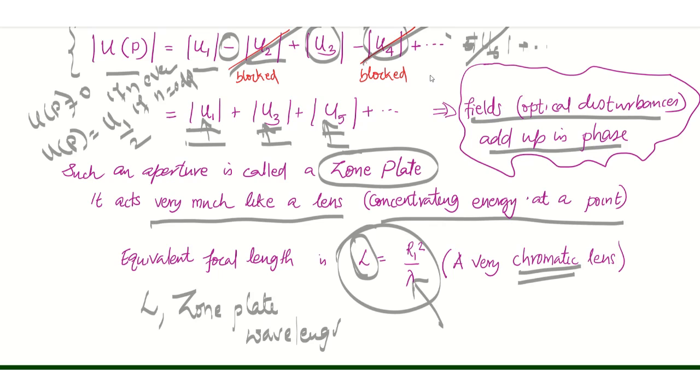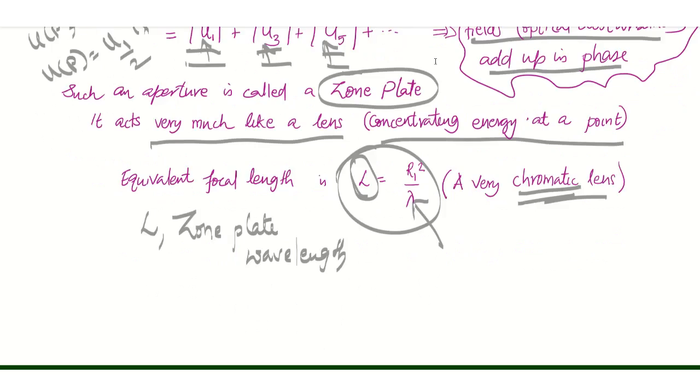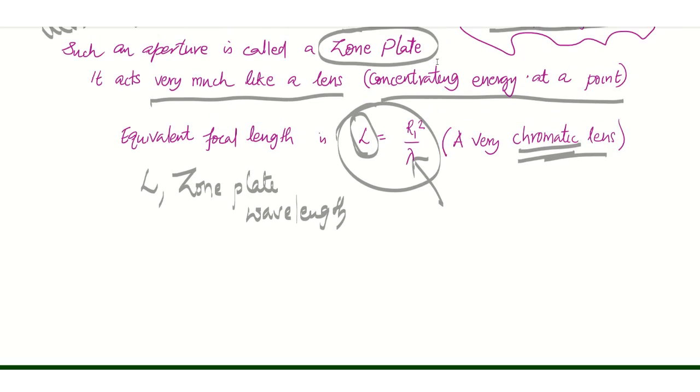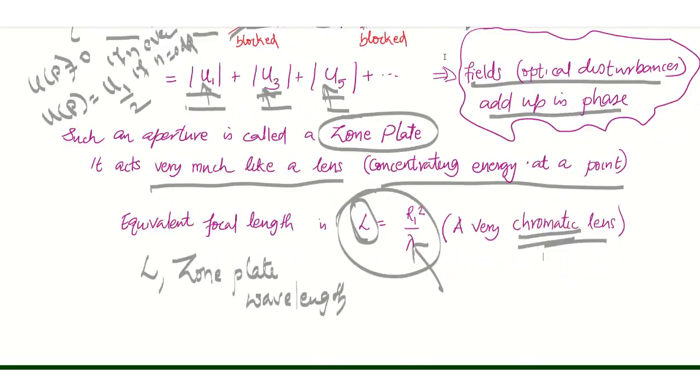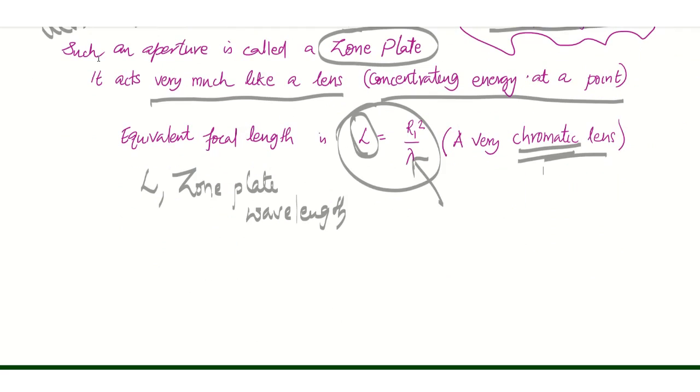Zone plates or Fresnel lenses are wavelength sensitive. That's why it is called a very chromatic lens. But still it finds a large number of uses in many fields of optics, especially in the UV and X-ray. Okay, that's about the introduction to Fresnel diffraction.